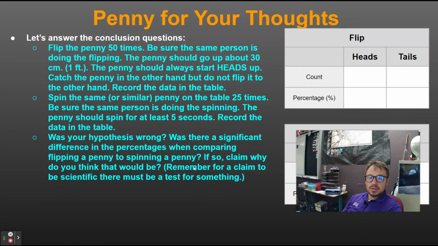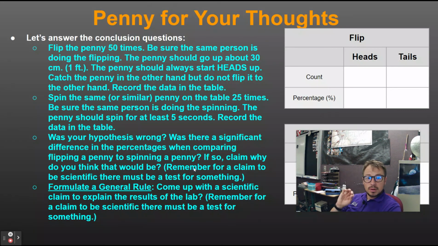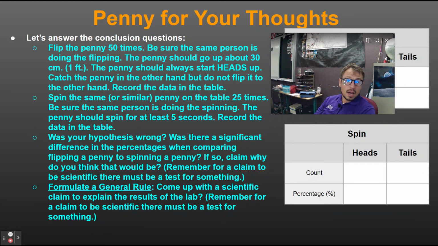If so, why do you think that would be? Remember, for the claim to be scientific, there must be a test for something. So formulate a general rule, come up with a scientific claim. For the results of this lab, why do you think we got the result? That would explain a lot. Like I thought it was based on the amount of metal, but who knows?